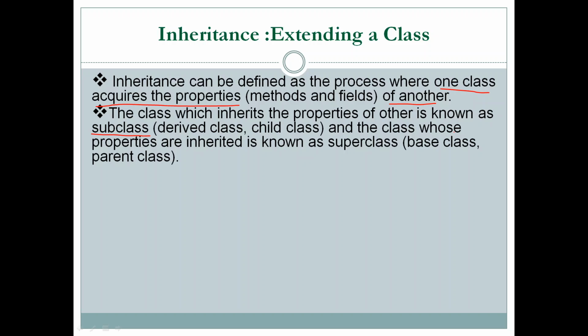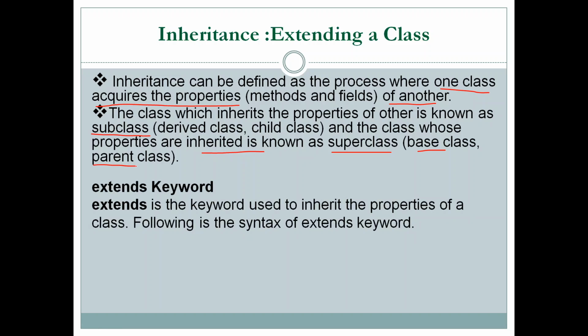And the class whose properties are inherited is known as superclass, or it is also called a base class or parent class. So the class which inherits the property is the child class, and the class whose property it is inheriting is called the superclass.